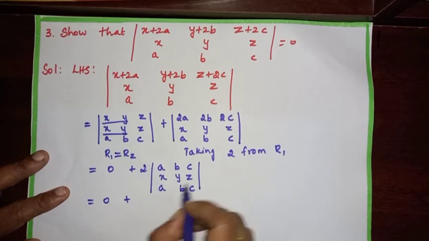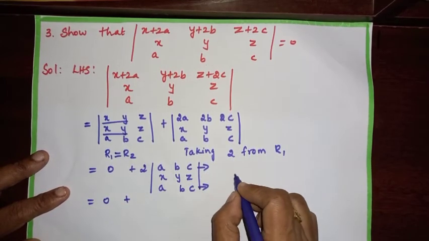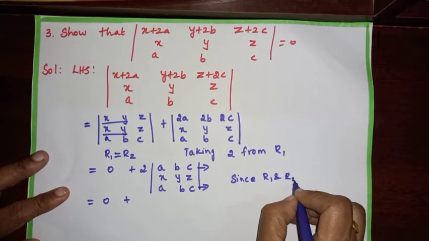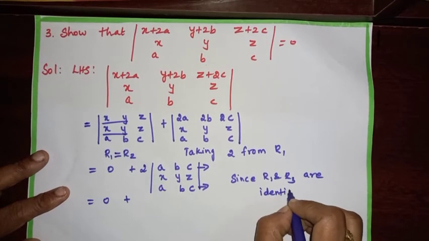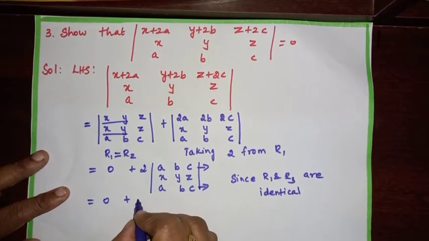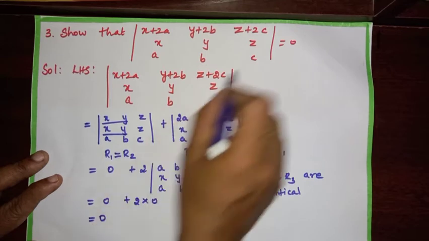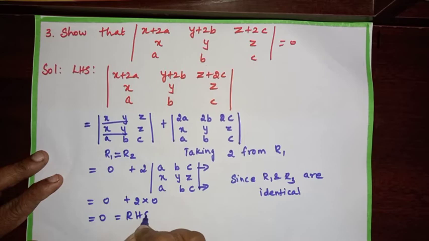In the second determinant, the first row and third row are identical, since R1 and R3 are identical. The second determinant is also 0. So 2 into 0, we get the answer equal to 0. That only we need to prove. So it is equal to RHS.